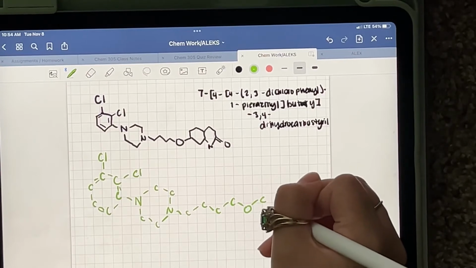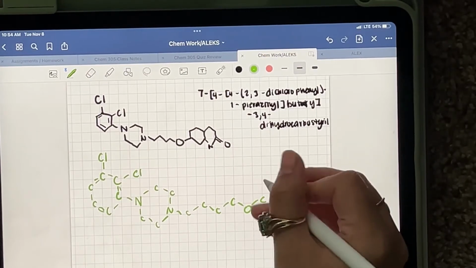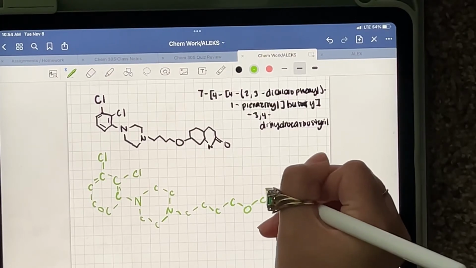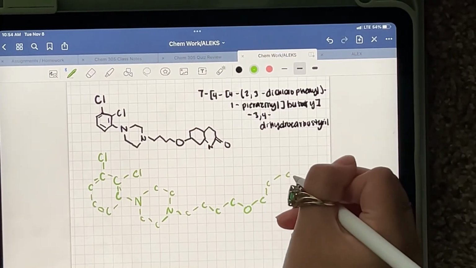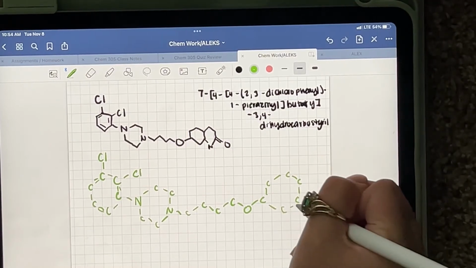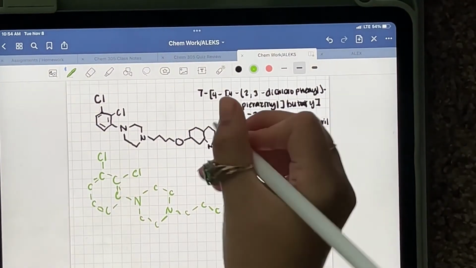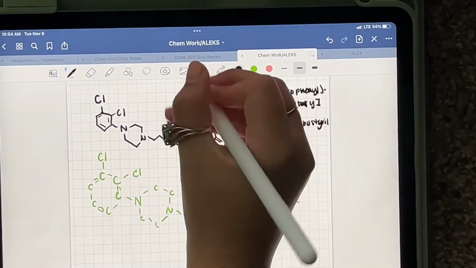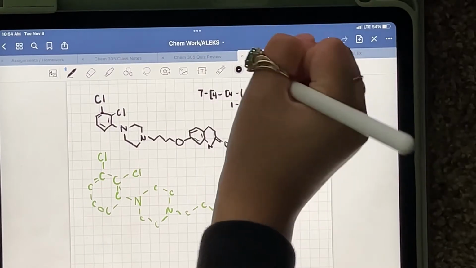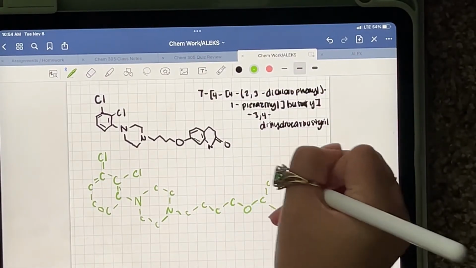So then we have another structure right here. So we go carbon, carbon. Yeah. So then I missed it right here, but there's supposed to be double bonds right there. So then we draw those in these lines.